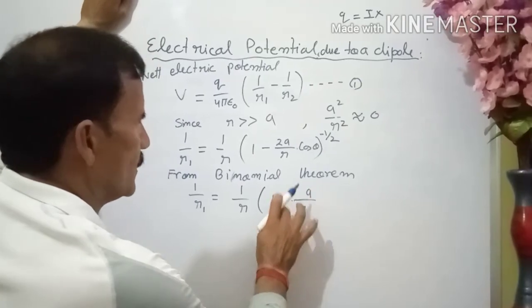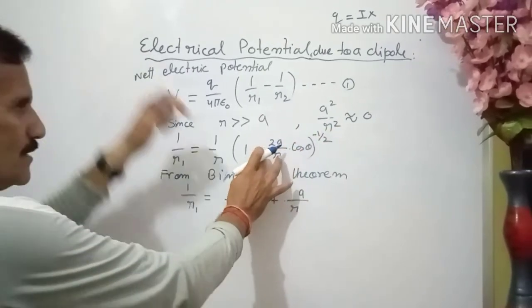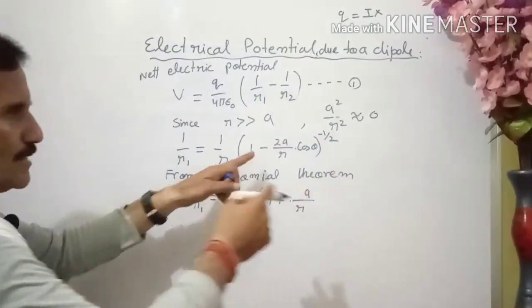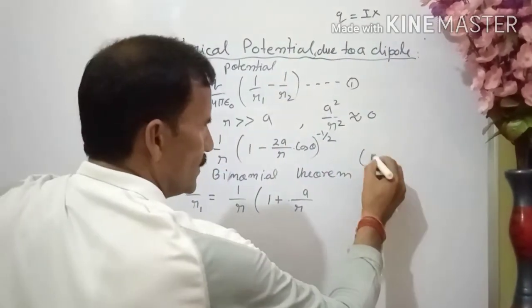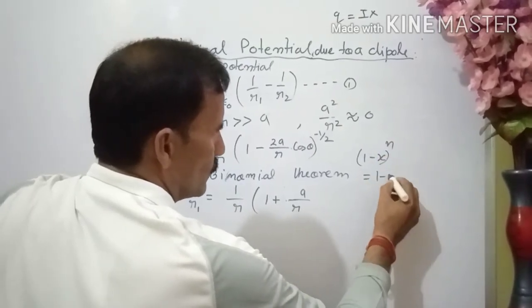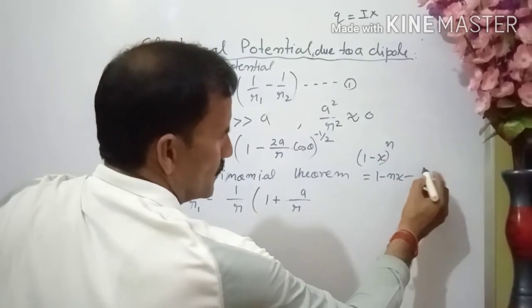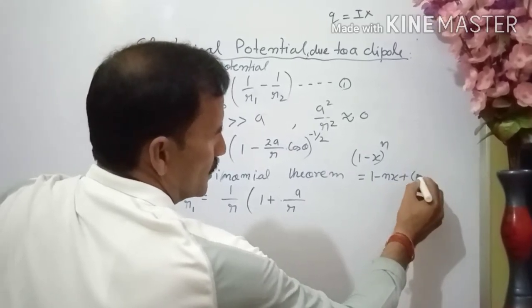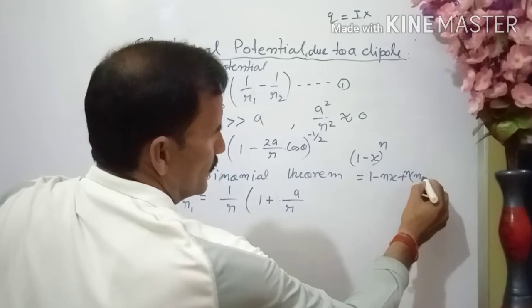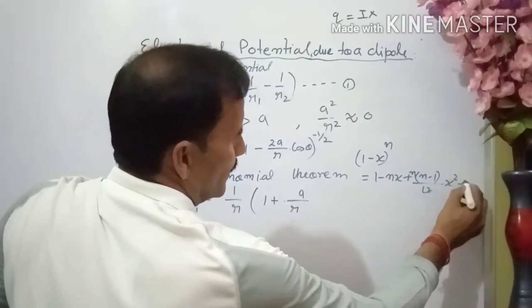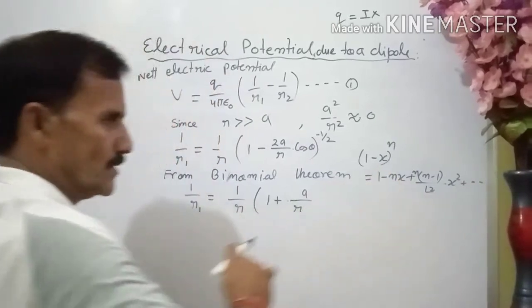Are you understanding? Very simple. It will come here. And remember, the binomial theorem for any index is written as 1 minus nx, plus n into n minus 1 upon factorial 2 x square, like that you are moving.